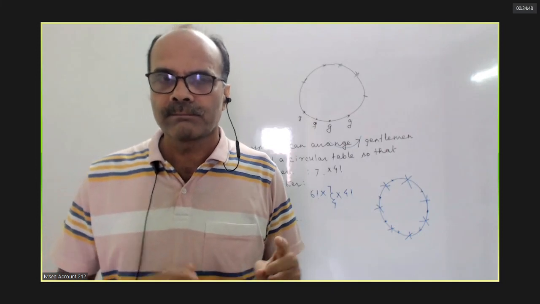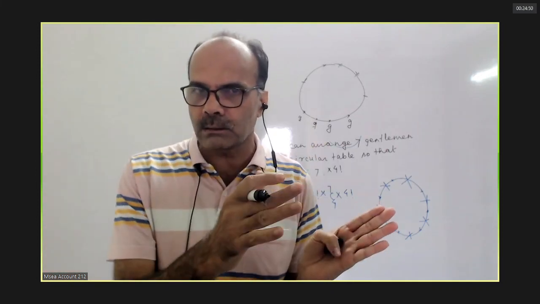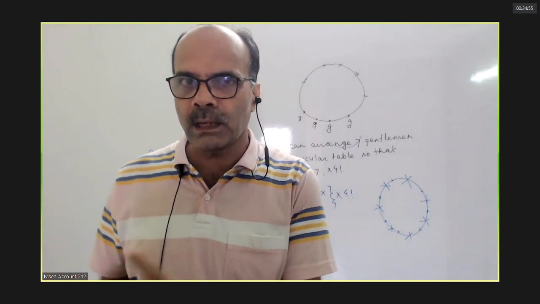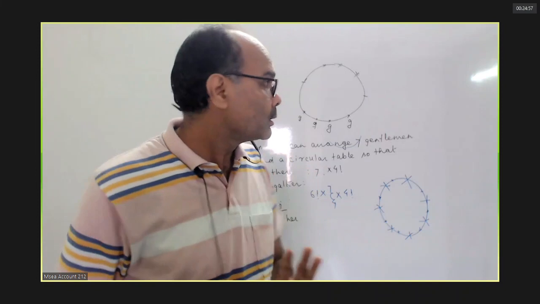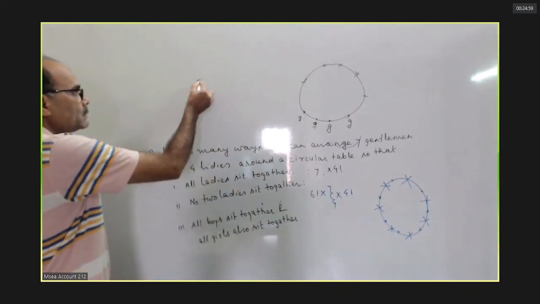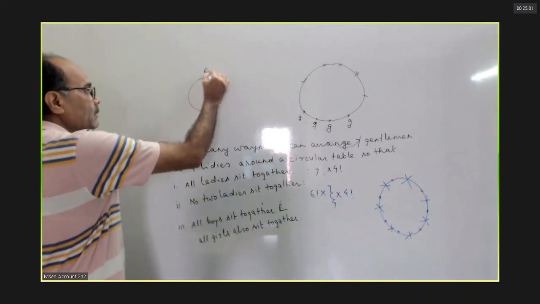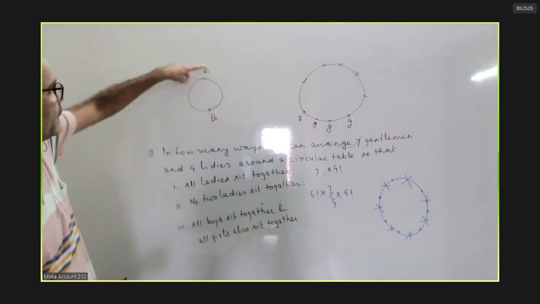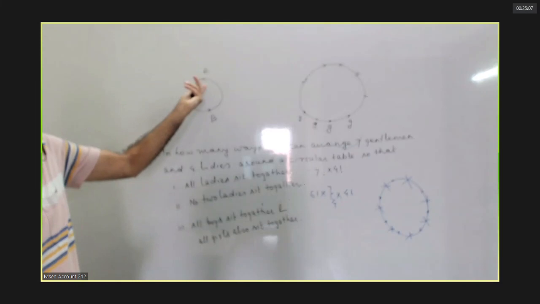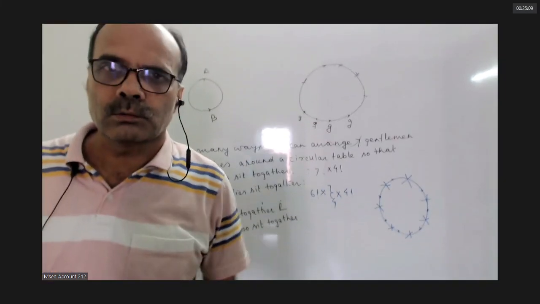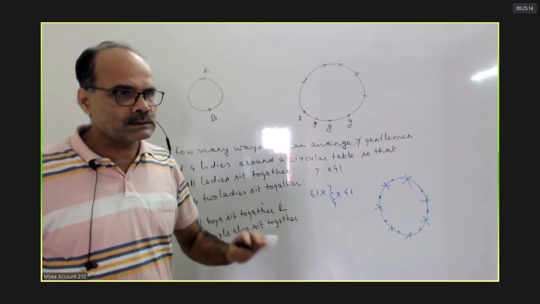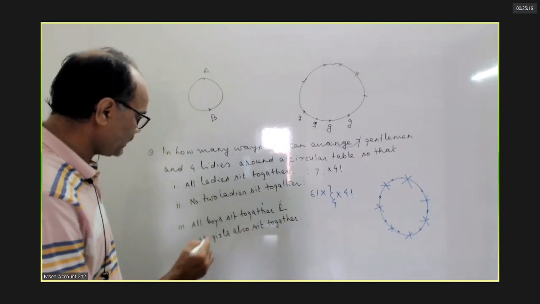Two different units can be arranged around a circle in only one way.